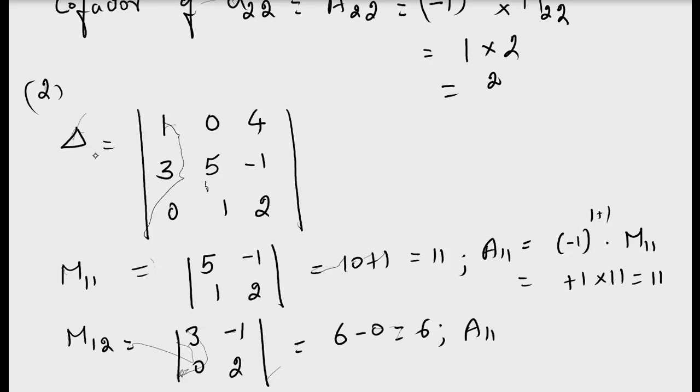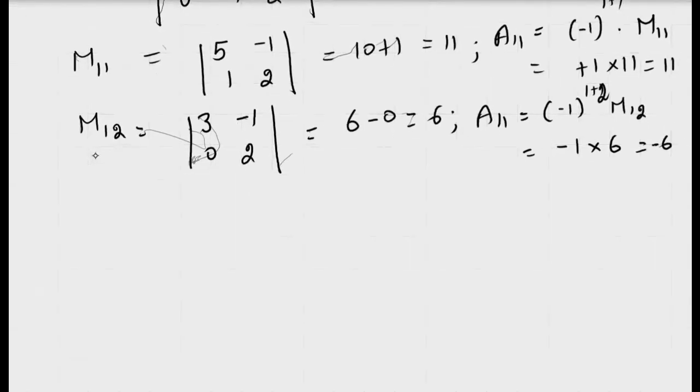And A12 is equal to minus 1 to the power of 1 plus 2 into M12, so minus 1 to the power of 3, which is minus 1 into 6, which is equal to minus 6.